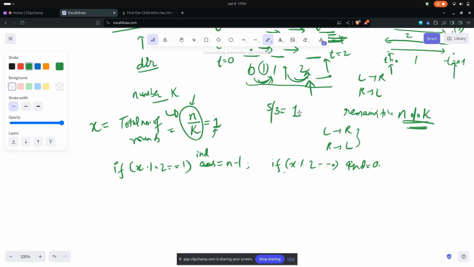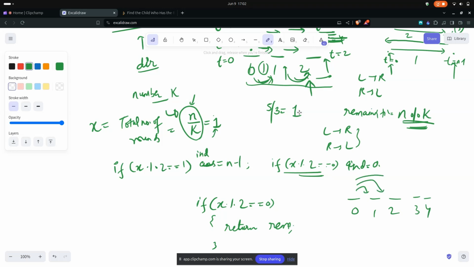So if x is even, that means we are at index 0, then we can just return the remainder. Why? Because remainder will tell us, so it's 0, 1, 2, 3, 4. At t equals 1 we will be here, at t equals 2 here, at t equals 3 here, and if the remainder is 4 then here, and so on. So we can just return the remainder.